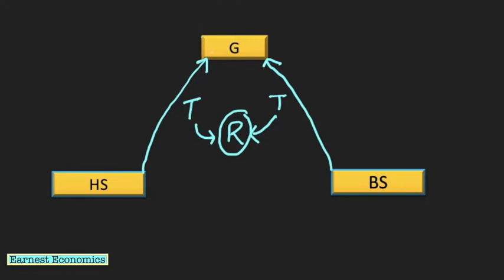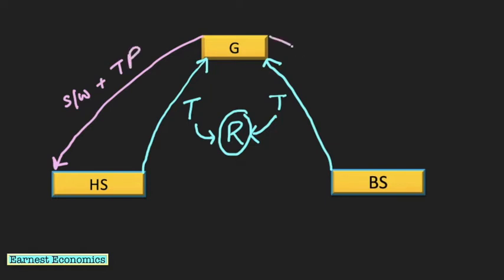Now these two combined can be thought of as total revenue for the government in a three sector model. On the other hand, the government sector makes expenditure on the household sector in the form of salaries and wages plus transfer payments, which we have already discussed.